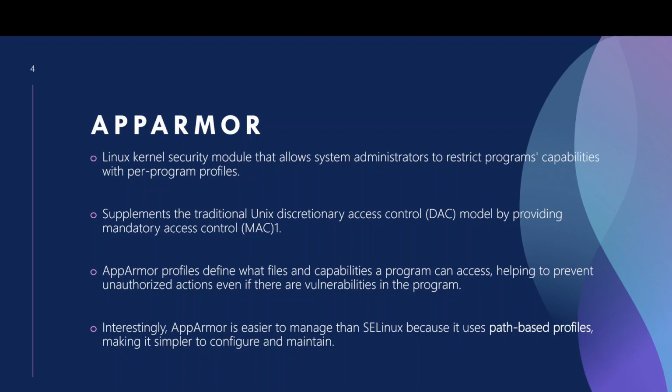AppArmor profiles define what files and capabilities a program can access, helping to prevent unauthorized actions even if there are vulnerabilities in the program. Interestingly enough, AppArmor is easier to manage than SELinux because it uses path-based profiles, making it simpler to configure and maintain.